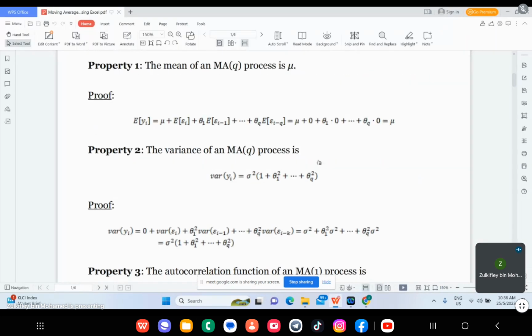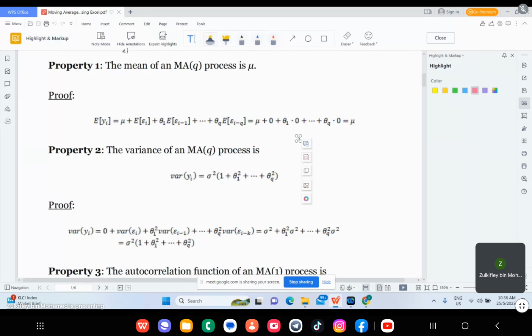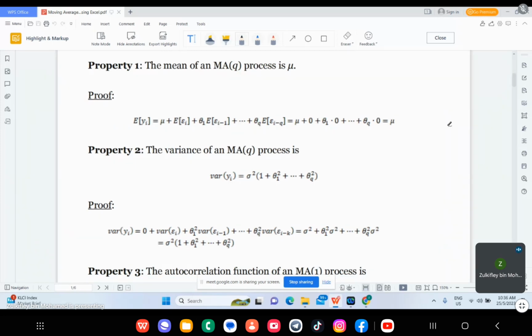So I want to prove that for MA1, the function is YI equal to mu plus theta 1 epsilon I minus 1 plus epsilon I.